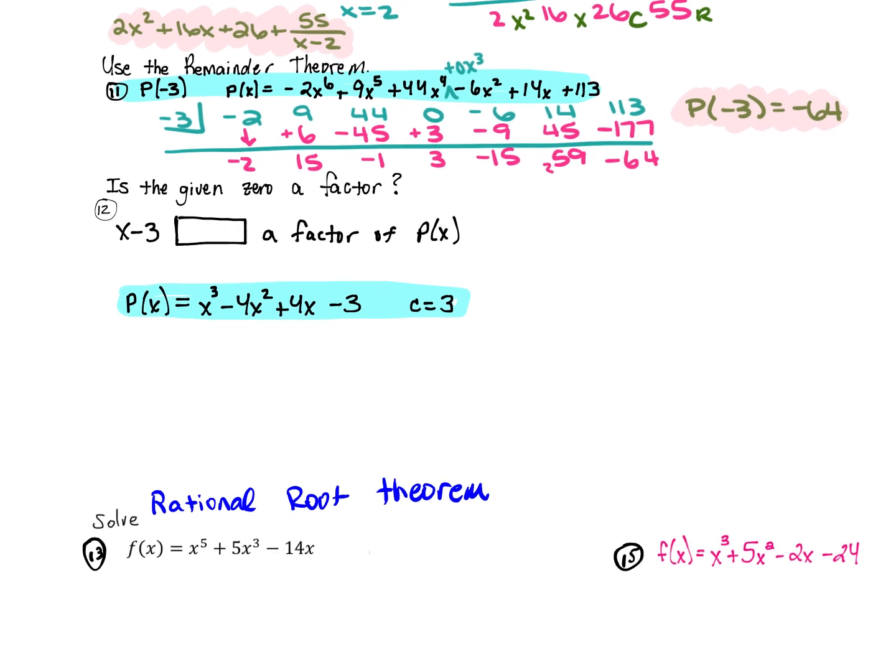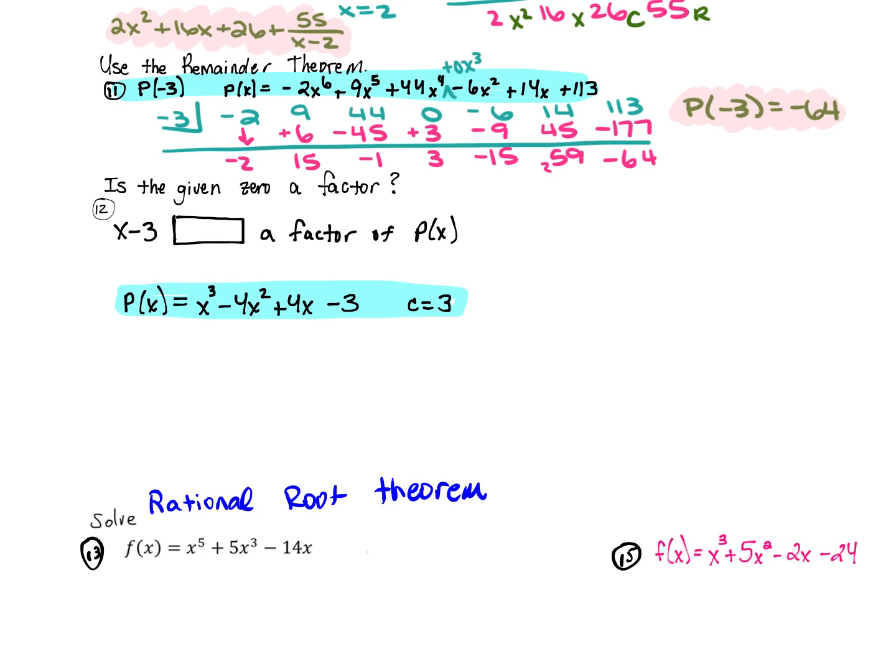For number 12, you're asked if x minus 3 is or is not a factor of P of x. So your 3 is what's going in your box. P of x is x cubed minus 4x squared plus 4x minus 3. All your powers are there. So you're going to have a 1, a -4, a +4, and a -3 to the right of that 3 in your box.